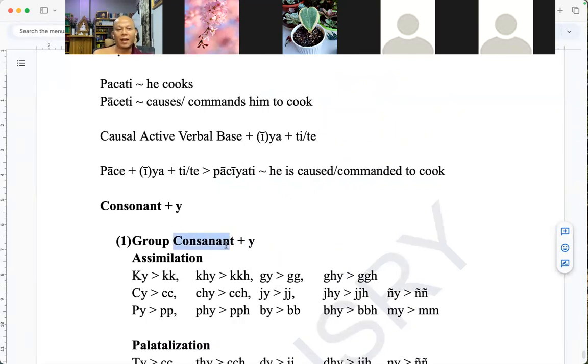The former one is ga, so ya becomes ga. The former one is ka, ya becomes ga, and so on. So any consonant never assimilates as ya, ya will never become it, because of the passive suffix and the root consonant, the root expresses the meaning.